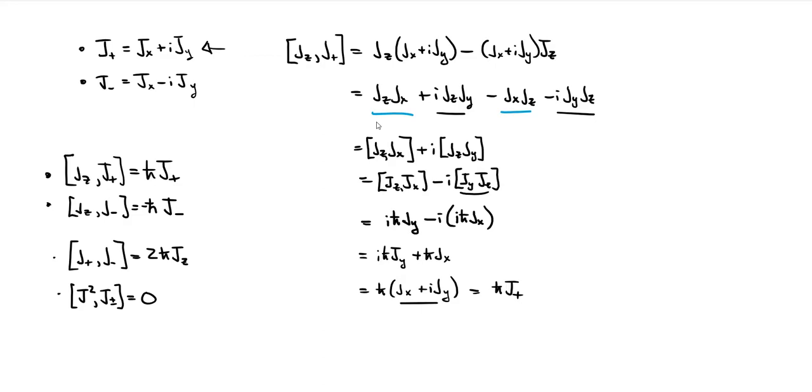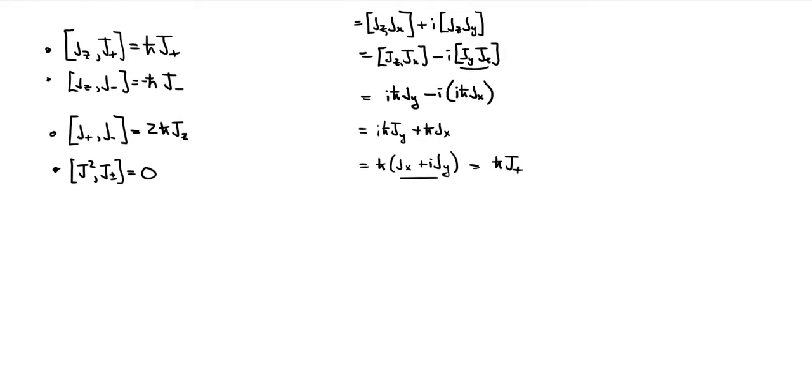The J squared operator commutes with both the Jx and the Jy operator, so all of these terms would end up being 0. Anyway, we have the commutation relationships for these newly defined angular momentum ladder operators. And we can actually use these to develop eigenvalue equations for those operators.